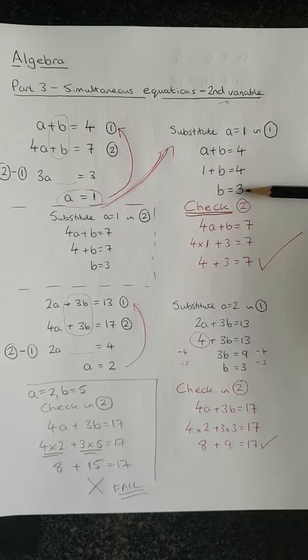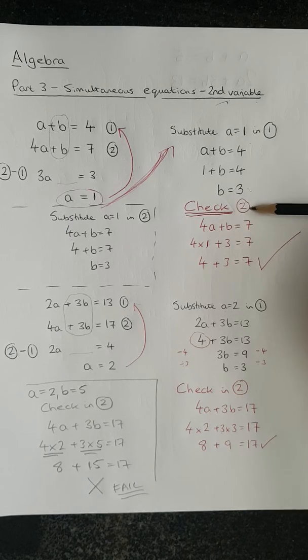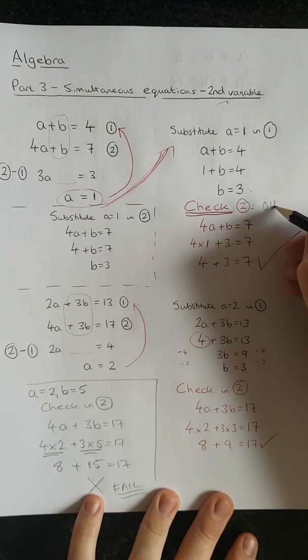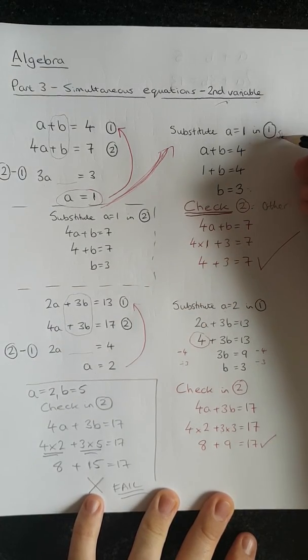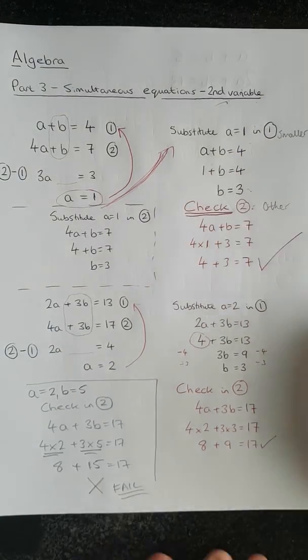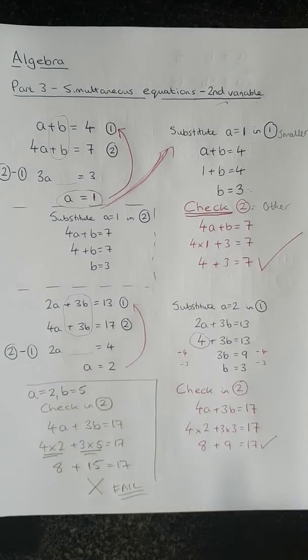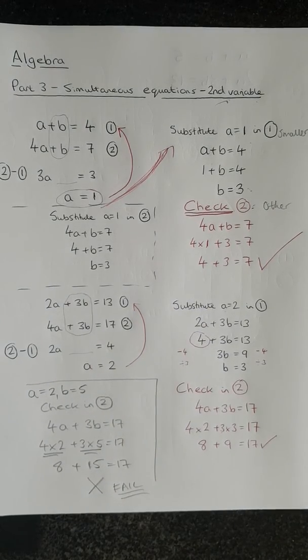We've then found the second variable. In order to be sure we've got the marks, we then check in the other equation. If the check works, we know we are successful.